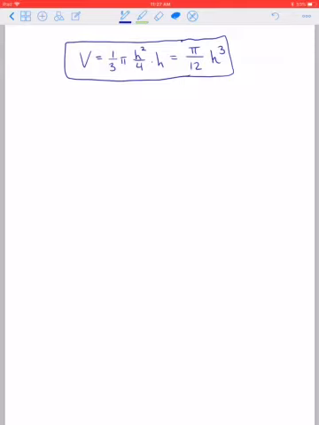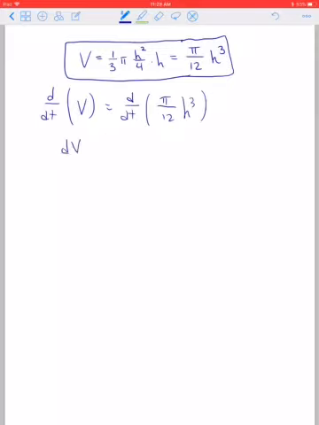Now let's apply d/dt to both sides. We take d/dt of V, and that should be the same as d/dt of the right hand side. That's dV/dt equals 3 pi h squared over 12, we use the power rule, times dh/dt.